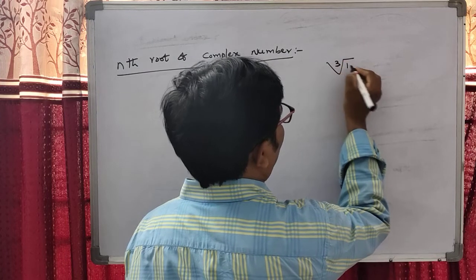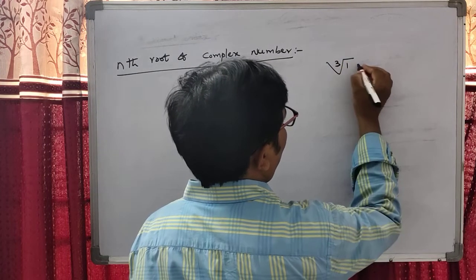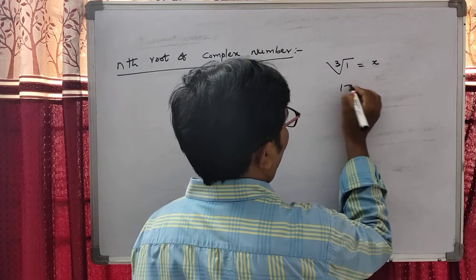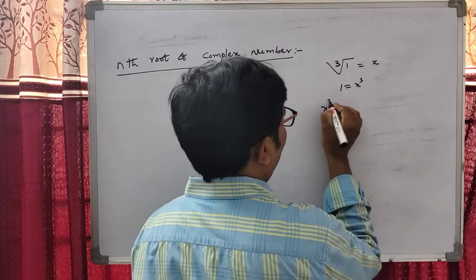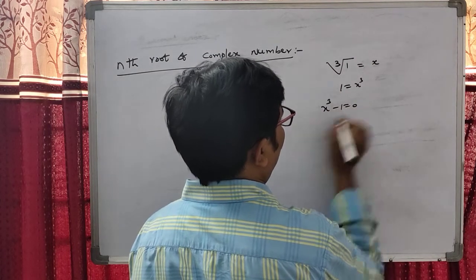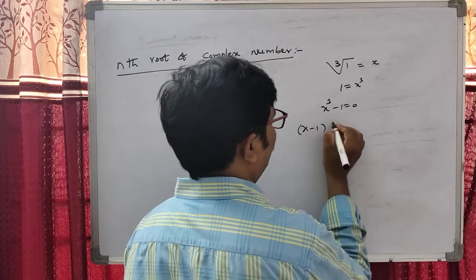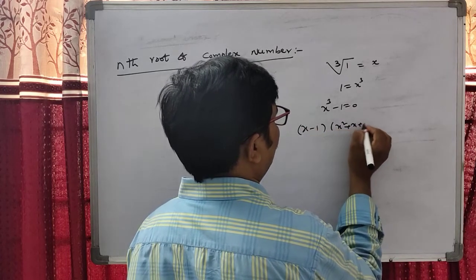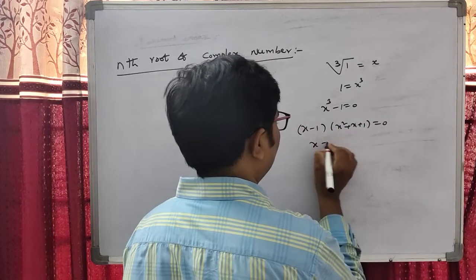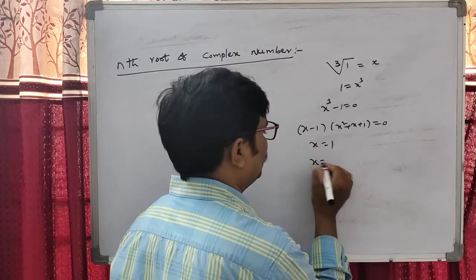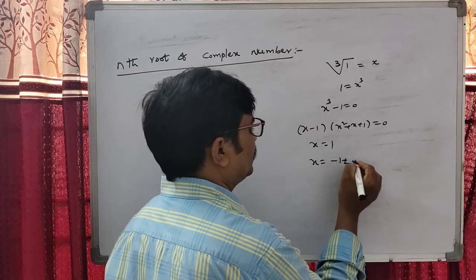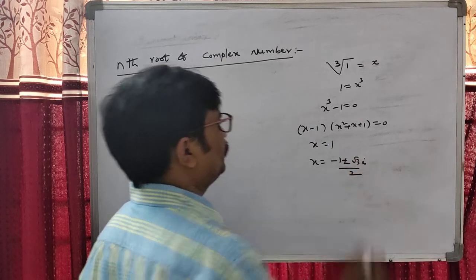Suppose students, cube root of unity: when we take x equal to 1 cube root, x cube minus 1 equals 0, (x minus 1)(x square plus x plus 1), so x equals 1 and x equals minus 1 plus or minus root 3 i by 2.